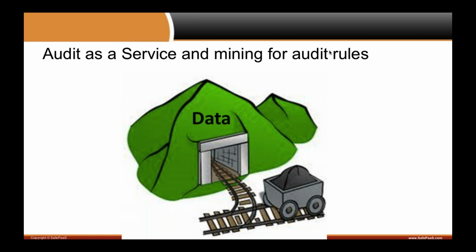So here we're really talking about audit as a service and mining for audit rules. Hopefully anomalous transactions are by definition rare. If we've got fraudulent transactions, we really hope that if you're a successful business, chasing down fraudulent transactions isn't occupying you a great deal of the time, that they are by definition rare.